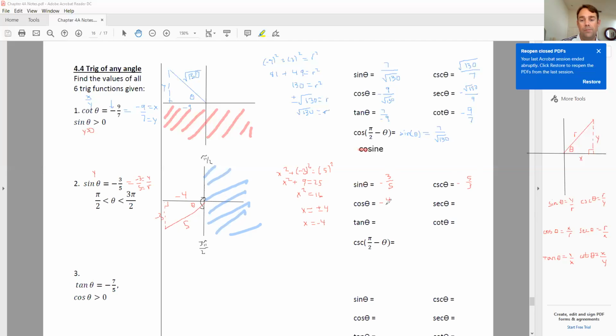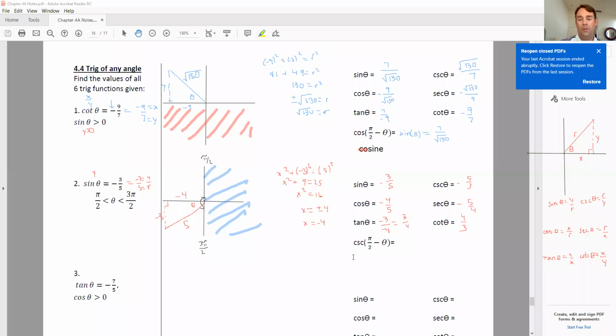Secant is the reciprocal. Tangent, that's negative divided by negative, so negative 3 divided by negative 4. Now I do need to reduce that because negative divided by negative makes a positive, so my tangent should be positive there. And cotangent is the reciprocal of it.